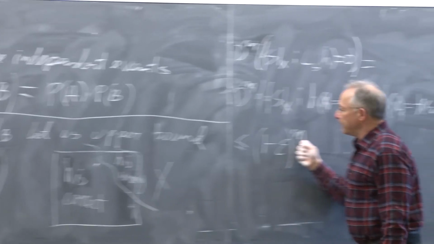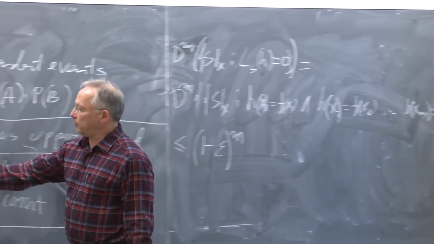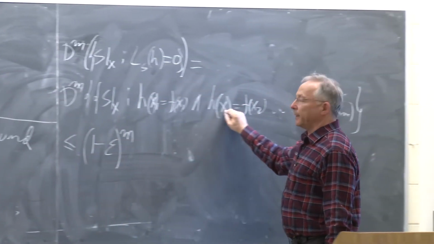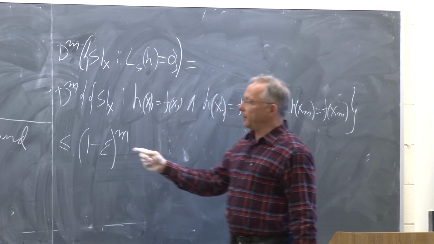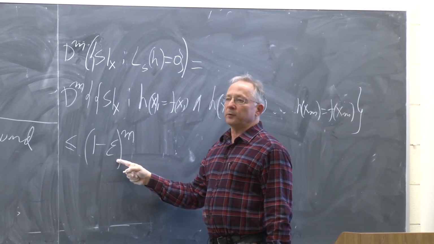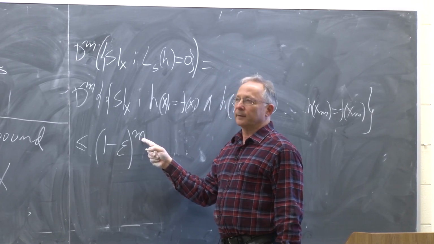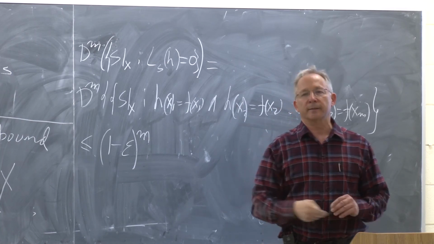And I have m such events. If I made no mistake on H, it means I was right on the first point, and on the second point, and on the mth point. So the probability that this will happen is at most (1 − ε)^m, based on the independence of the x's.